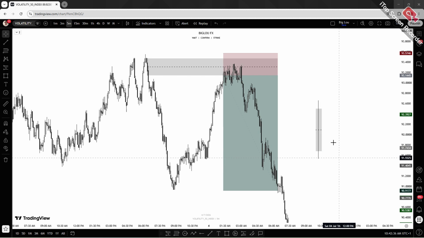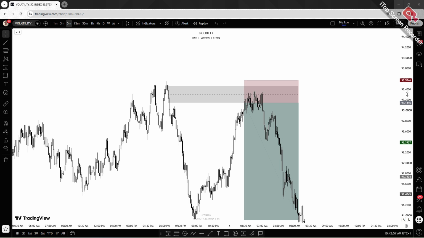You can do 50% of the zone, irrespective of time frame. When you have a large body candle, long wicks, just a large candle, a long candle, once you have a long candle, you can do 50% of that zone.